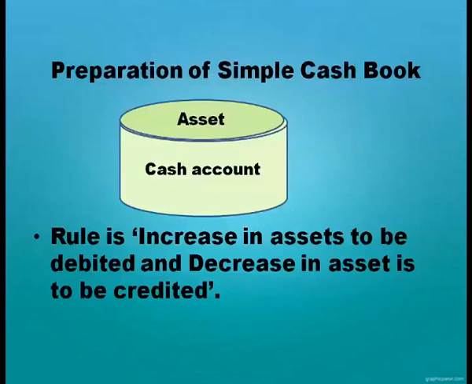Which rule do you have to follow while recording cash? You know that cash is an asset, so cash comes under the asset account. We have already studied capital, asset, revenue, expenses, liability, etc. as the main types of accounts, and under that you can include cash in the asset account.